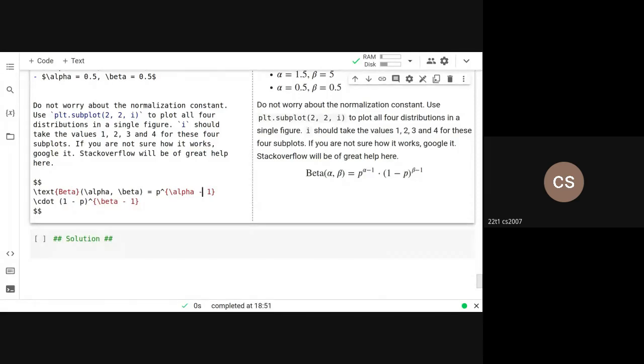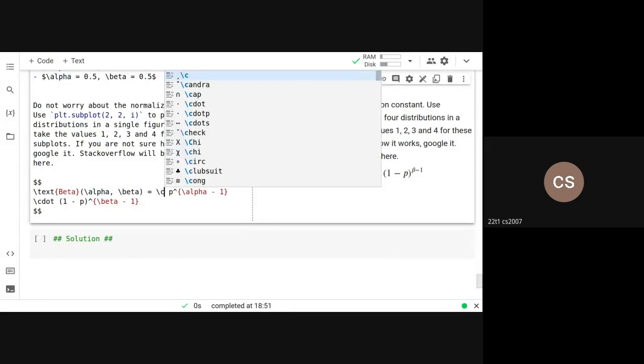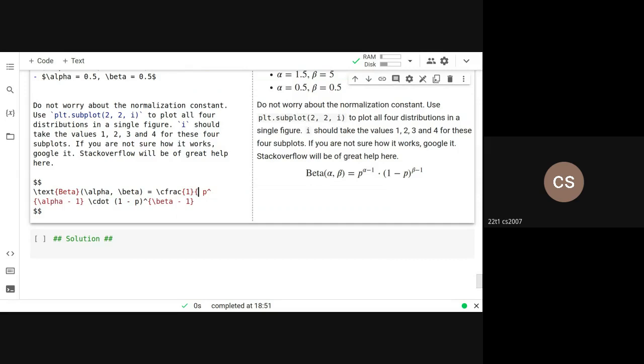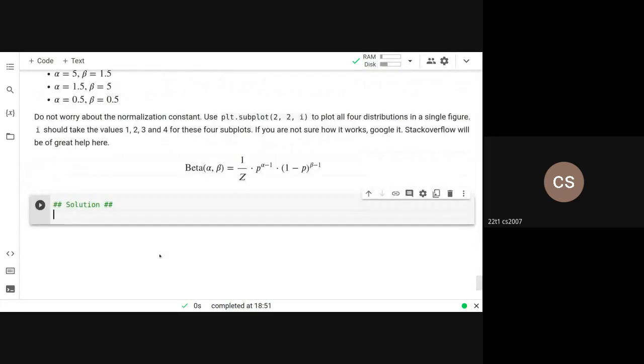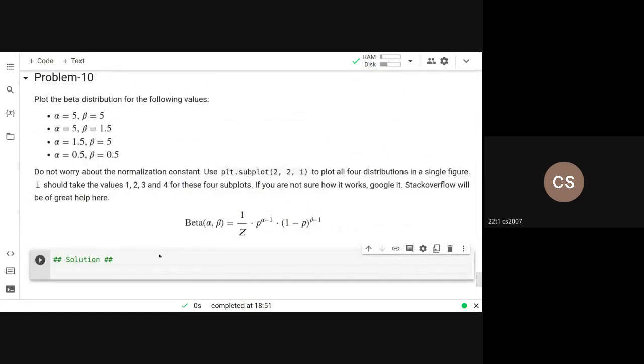And then you normalize the whole thing by some Z, just so that it sums to a probability distribution. Okay, so that is your beta distribution.